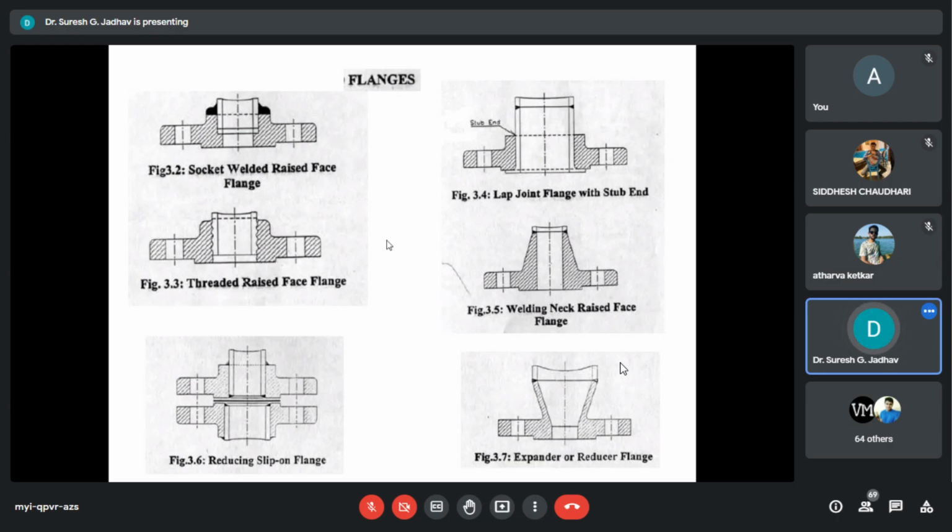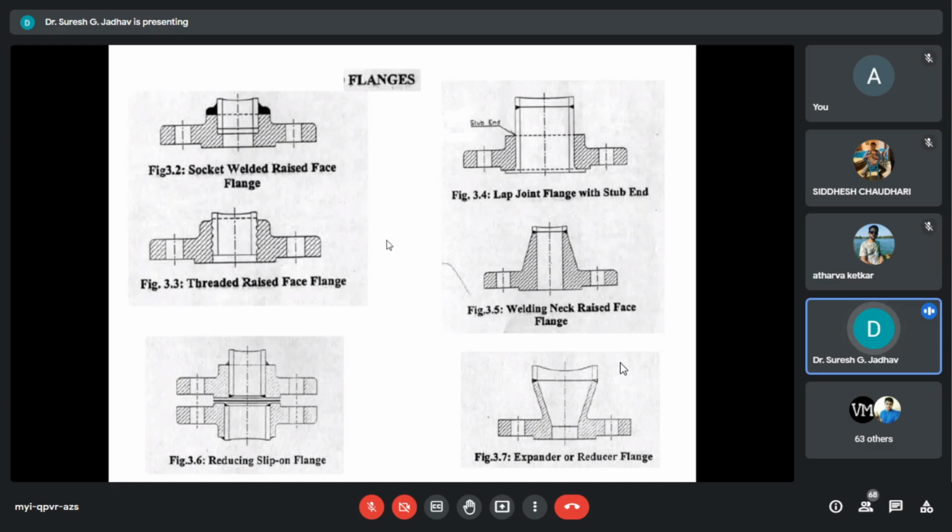They are manufacturer standards, therefore they are not covered in the code. They are mainly modifications of the welding necks. For this purpose, we have to use the long welding neck flange.